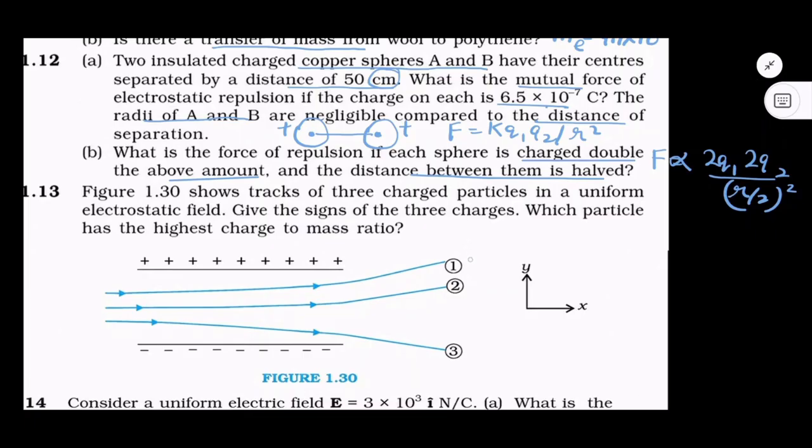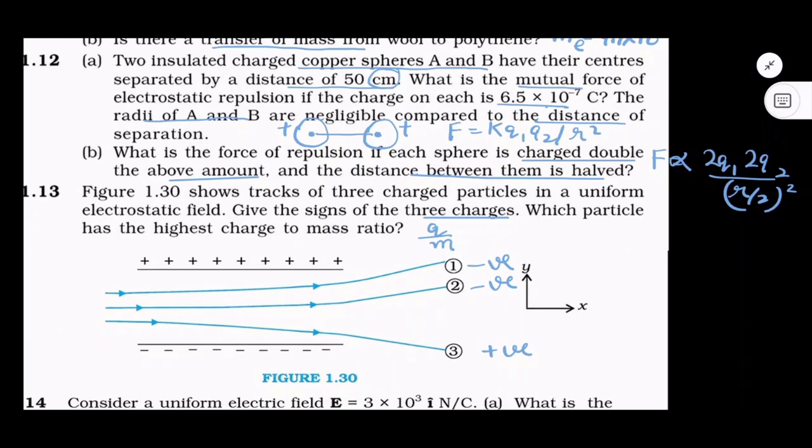The first and second charges are negative, since they both are attracted towards the positive side of the electric field, while the third is a positive charge. So we can easily understand the signs of all three charges. And now they are asking which particle has the highest charge to mass ratio, that is the q by m ratio, which we have to calculate.